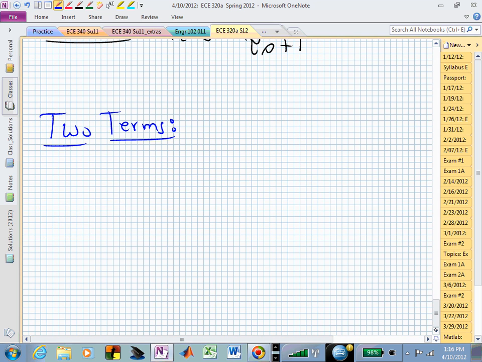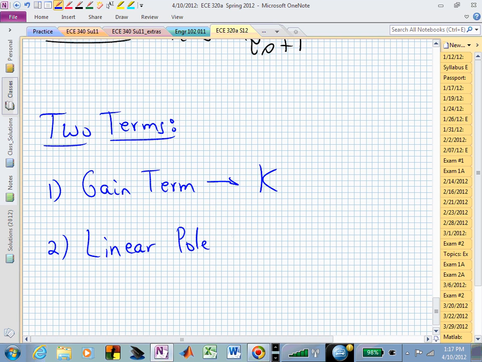Let's look at these 2 terms. One term is the gain term, that's just the K. And the other term is what I'm going to call a linear term, but I will even make it more specific. I'll say for now, let's say a linear pole factor. And that's this tau s plus 1. It's linear because of that power of s.